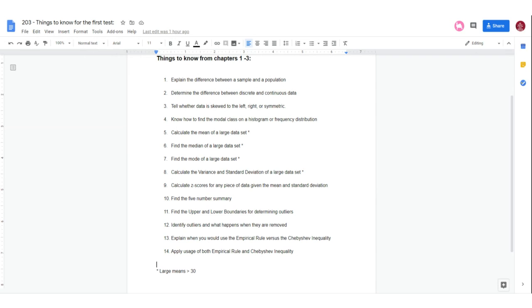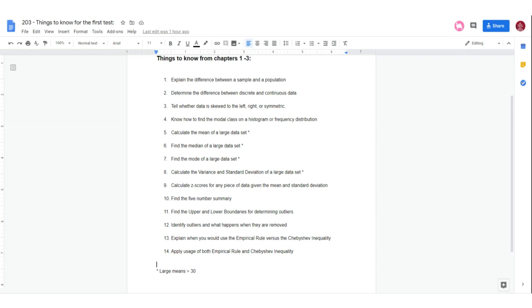Be able to calculate a z-score given a piece of data and the mean and the standard deviation, and be able to put that in perspective of where it goes on the normal curve. Find the 5-number summary, find the upper and lower boundaries so you can determine outliers, identify an outlier, and determine what happens when it's removed.